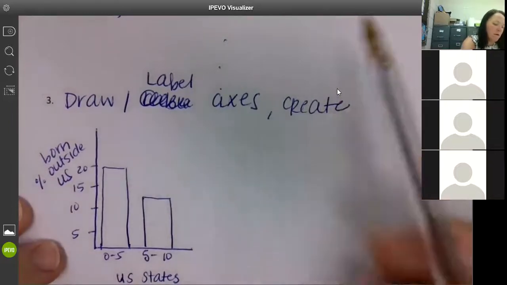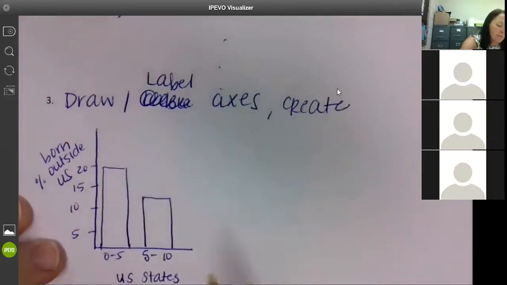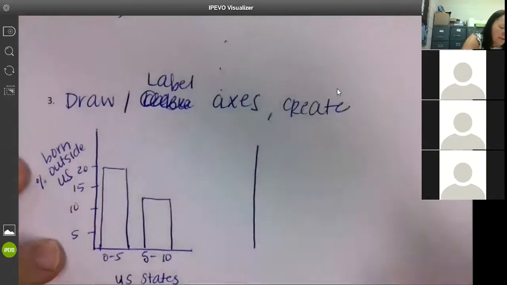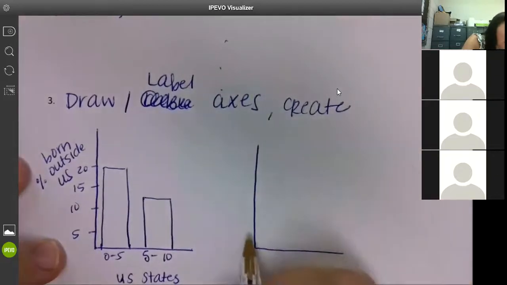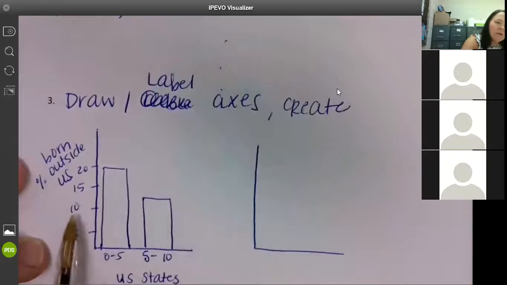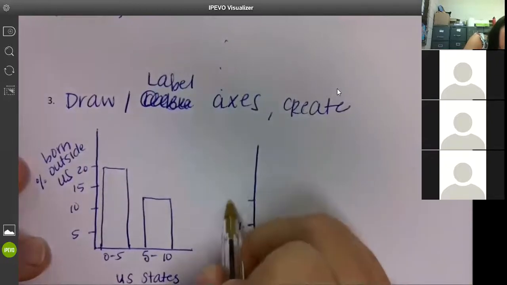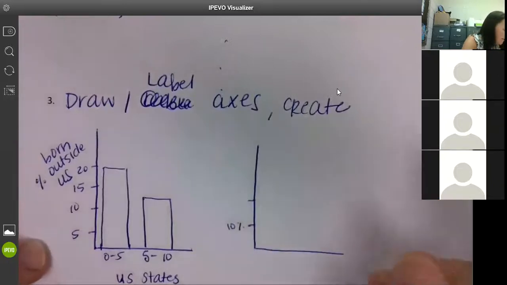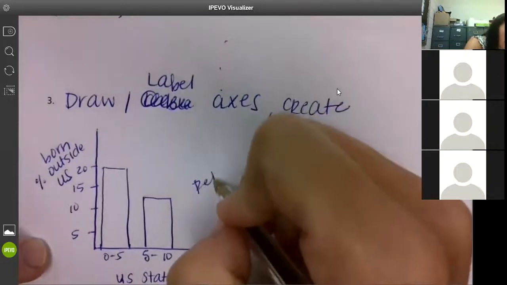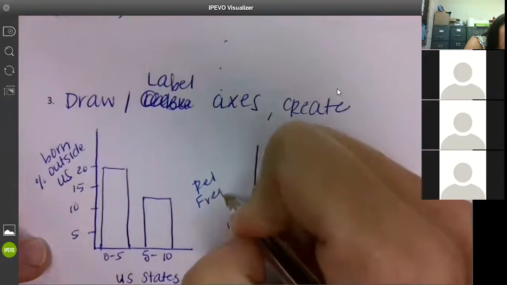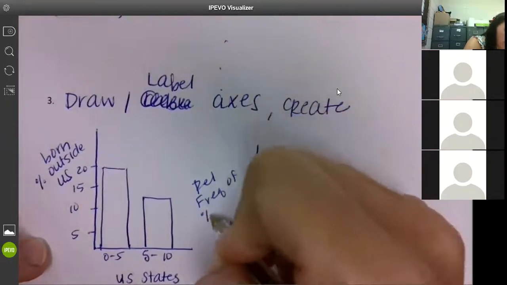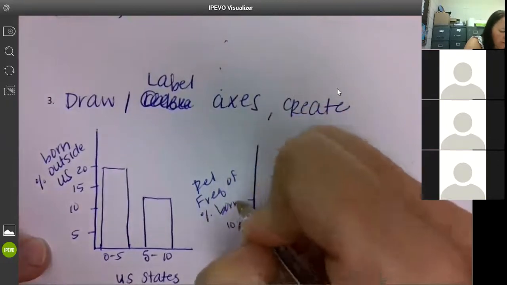Okay. And actually these should be put together, I screwed it up. If you do relative frequency, instead of being counts, these are going to be percents. Same label, except you're going to have relative frequency of percent born, blah, blah, blah.